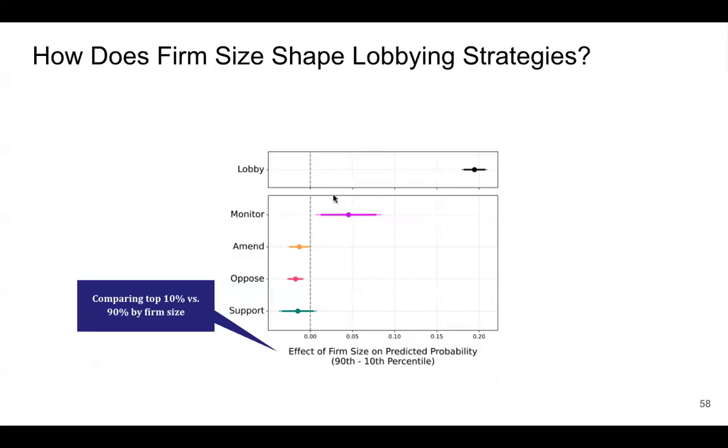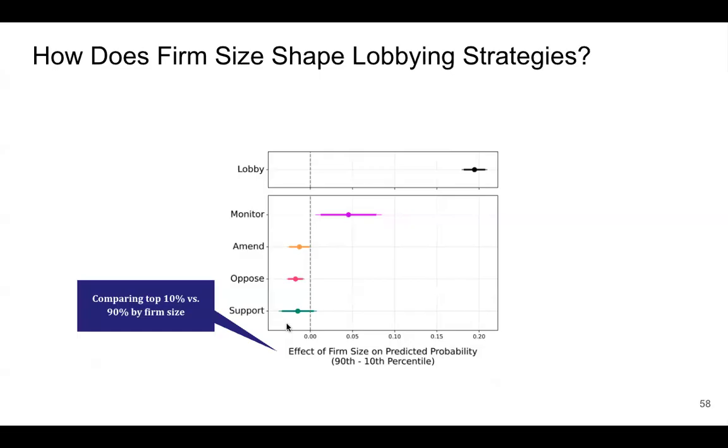Among the four different lobbying activities, they also monitor the bills more than the smaller firms. That shows they have the funding, because you need to have money to do the lobbying. They have the excess money to be monitoring these bills.